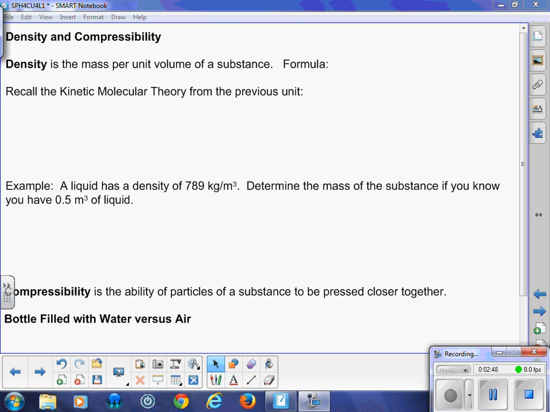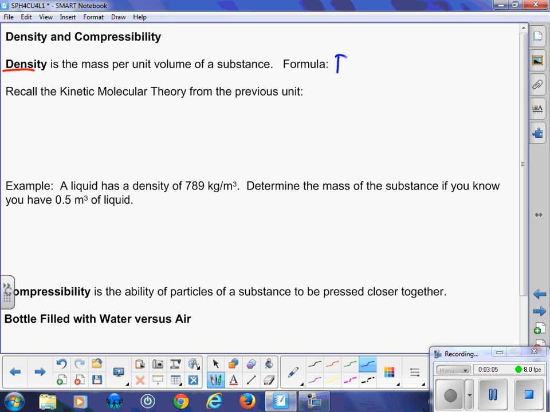On the second page of this note, we talk about density and compressibility. Density is the mass per volume of a substance. That takes you way back to your grade 9 course, where you were taught the formula for density.